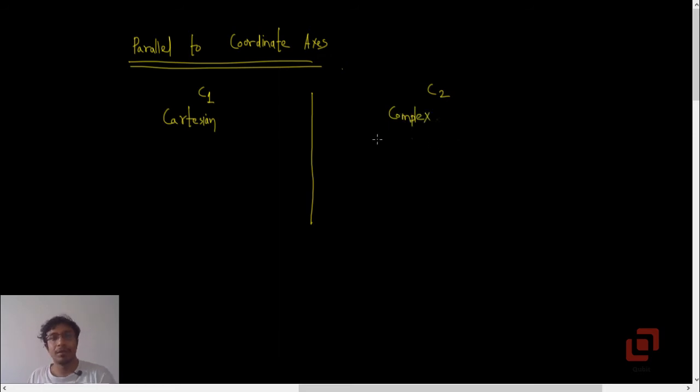Okay, let's talk about the equation of the x-axis, which is y equal to 0. In the context of complex numbers, it would mean the imaginary part of z equal to 0. So that means basically the real axis. If you now have x equal to 0, then this is the y-axis equation, which means the real part of the complex number is 0.